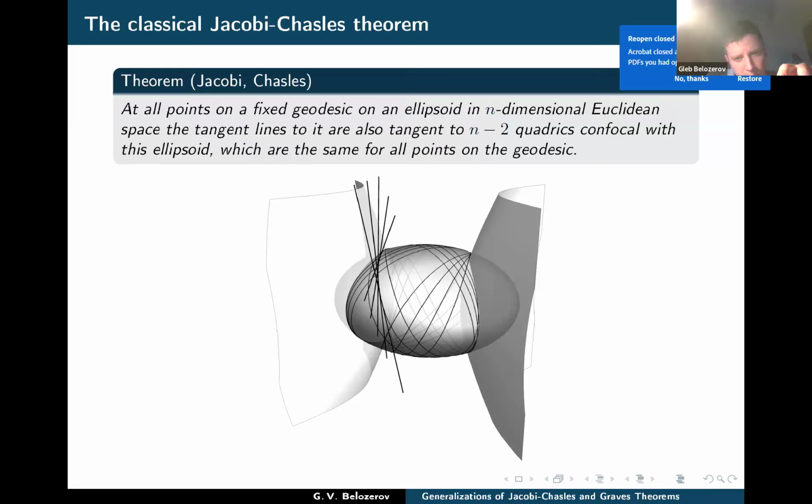You can see a black geodesic on an ellipsoid, tangent lines to this geodesic, and all these tangent lines are tangent also to a hyperboloid, which is confocal with the ellipsoid.